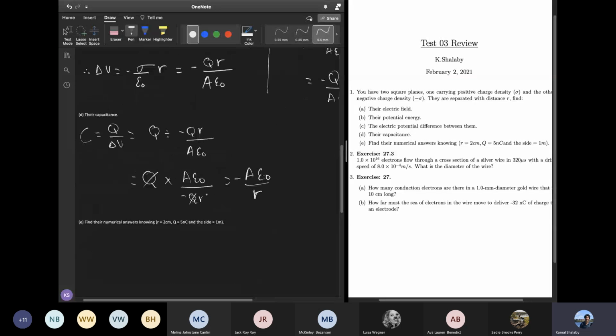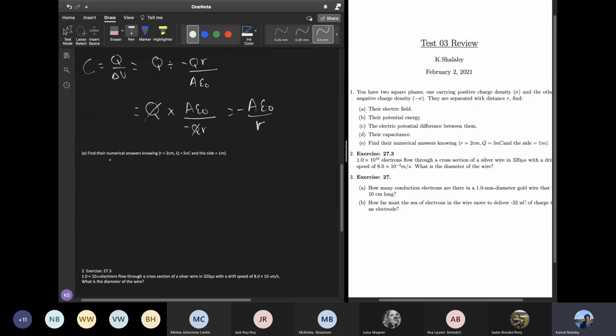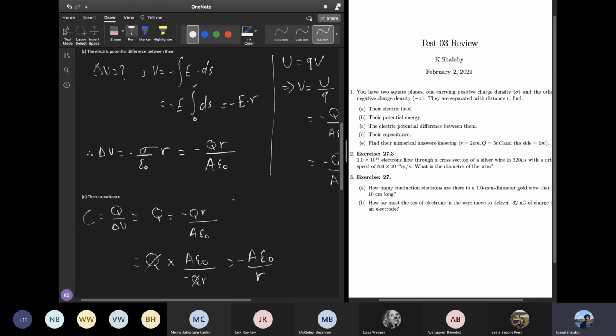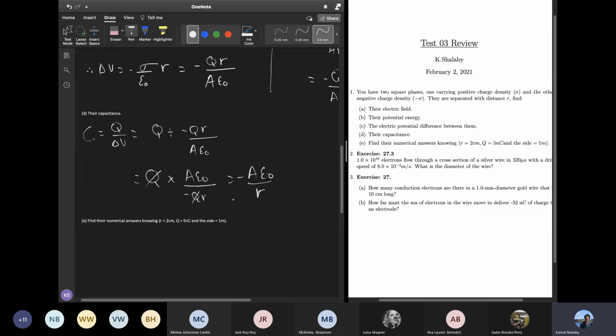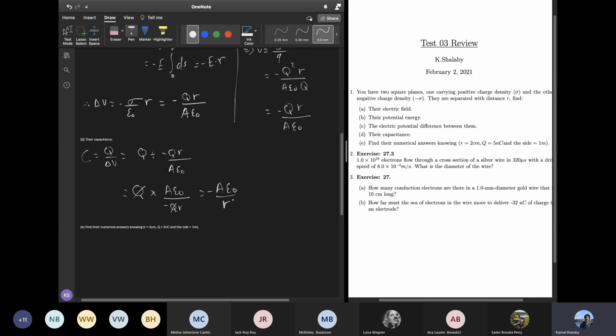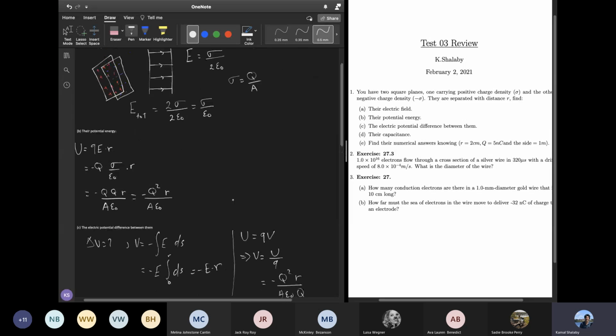Okay, so now we're just going to redo the same thing, but now we have some numbers to put in instead of just variables. To find the electric field, we can just use big Q over A epsilon naught.